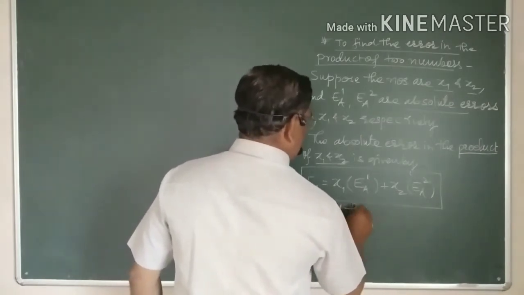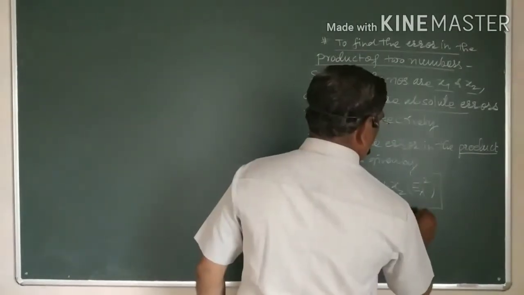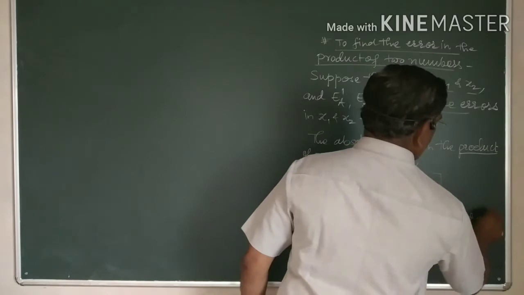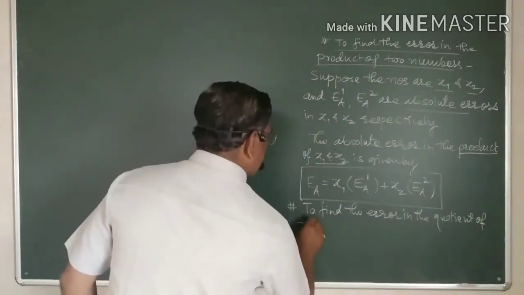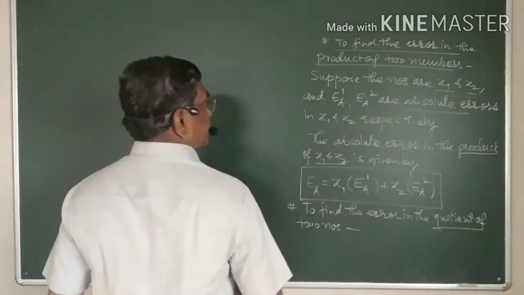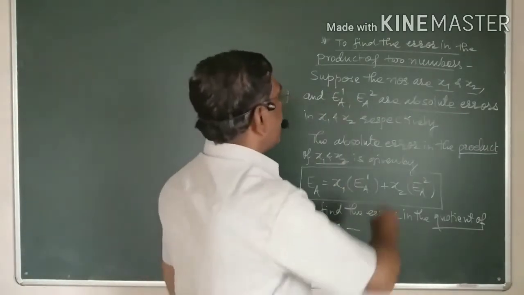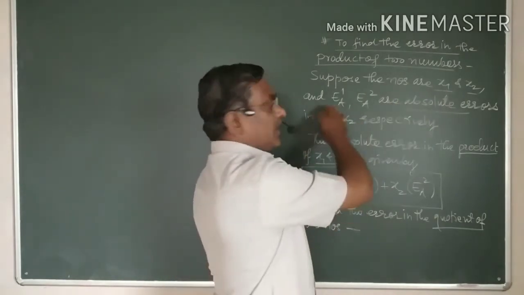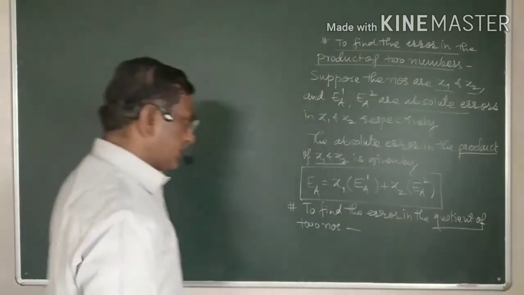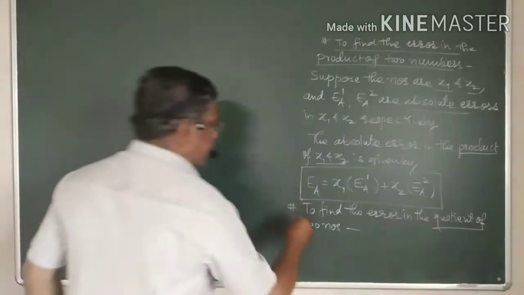To find the error in the quotient of two numbers, likewise, similarly, suppose the numbers are x1 and x2, and EA1 and EA2 are absolute errors in x1 and x2 respectively. Then what do we write here? Let us write once again.